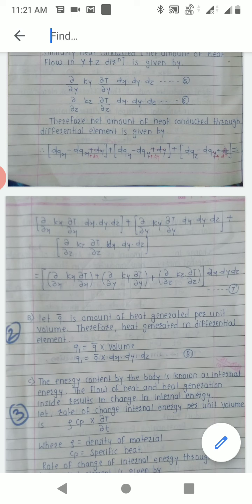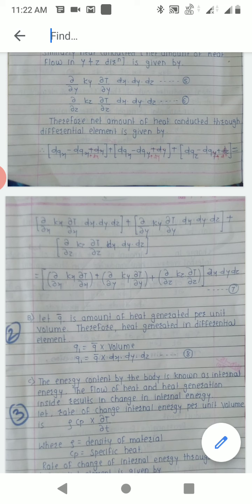Our volume is dx into dy into dz. That's why the total amount of heat generated inside the element, q1, equals q bar into dx into dy into dz. So this is our step number 2.